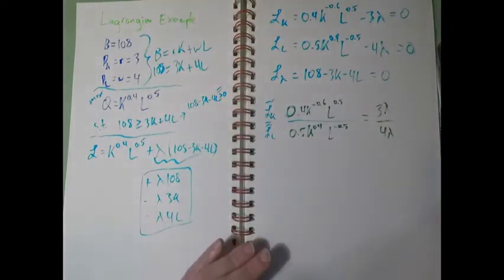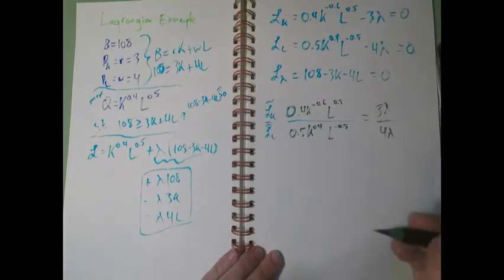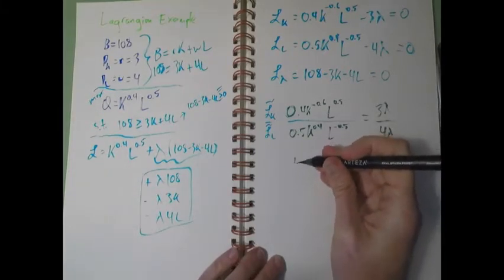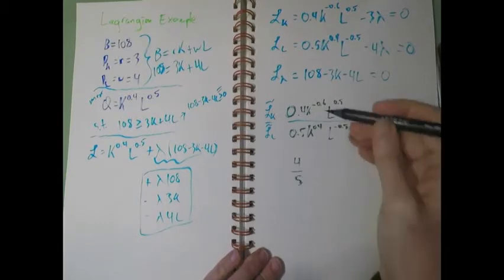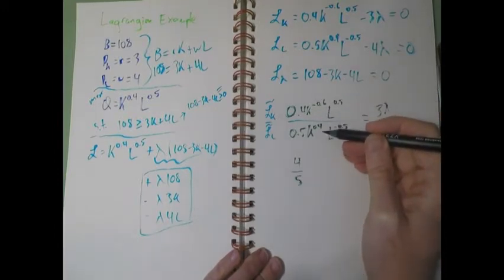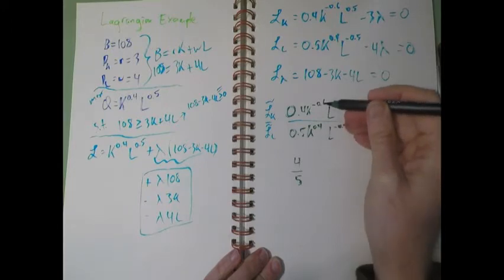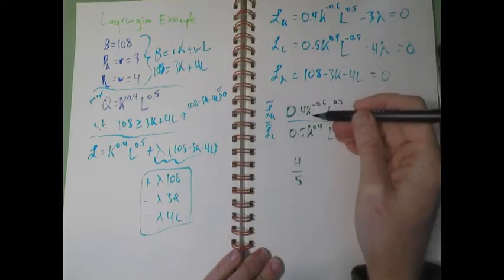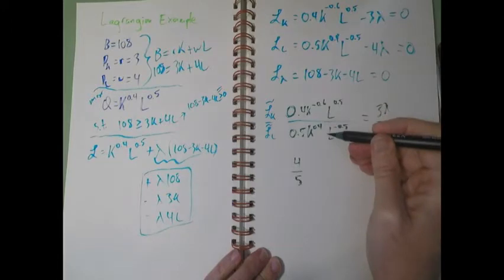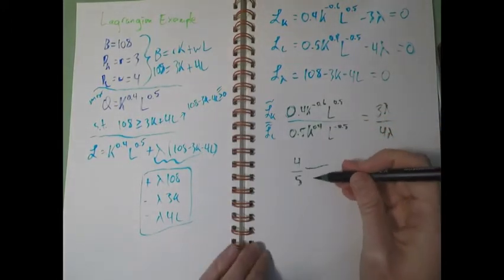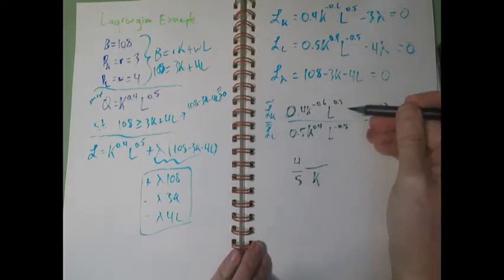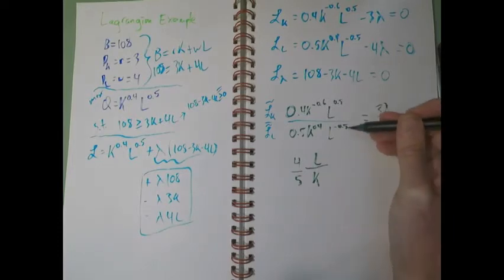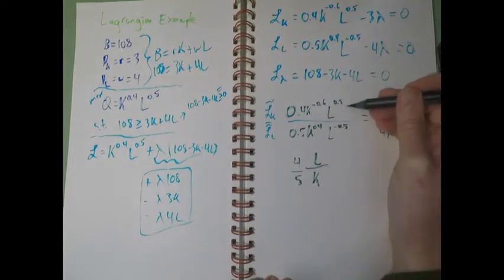So what have we got? 0.4 over 0.5, well, that's just the same as 4 over 5. K to the minus 0.6 over k to the 0.4, well, that's the same as 1 over k to the 0.6, right, which multiplied by 1 over k to the 0.4 means that we're just looking at a full k term down here, and then this one we're going to flip up. We're going to add positive 0.5, right?